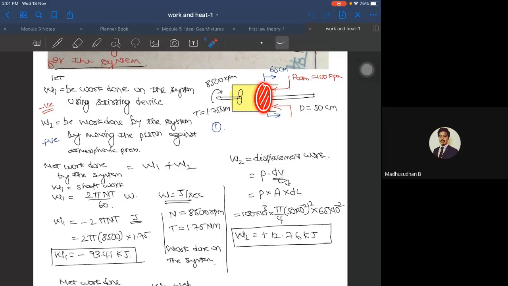So this is the area, and if it has moved this much, dl, if I multiply these two, will I get the changed volume dV? If I multiply area with the change in the length, will I get the change in volume?